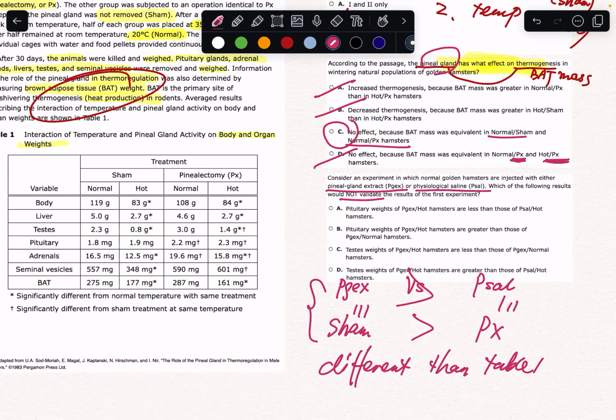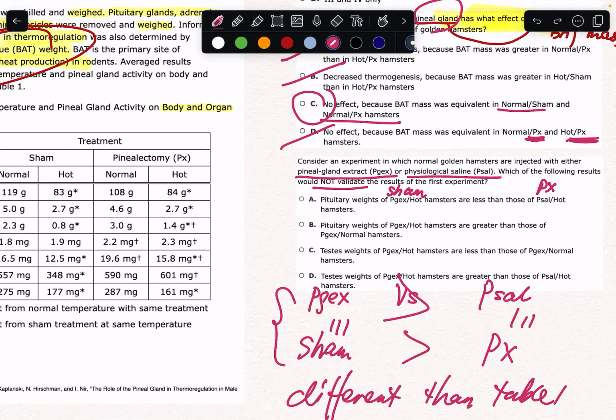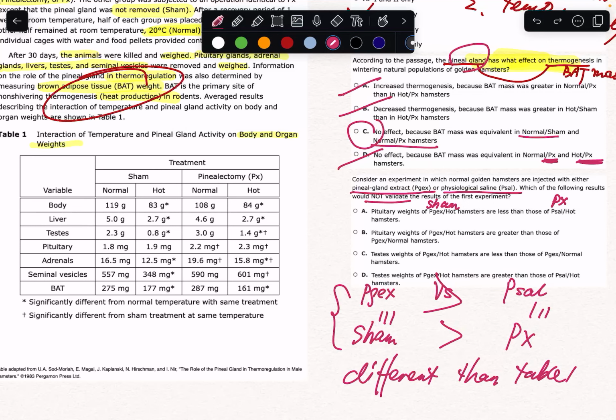Answer choice A says pituitary weights of pack-hot hamsters are less than those of pineal-hot. This pack and pineal is just confusing me, so I'm going to replace it with sham, and this is the PX, as I analyzed here. Now I feel better. Pituitary weights of sham hot hamsters are less than those of PX hot.